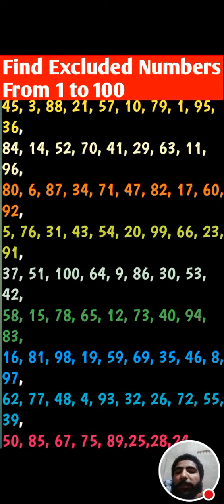58 is also presented on the first position of the 11th row, written with green color. So we have to find 59.